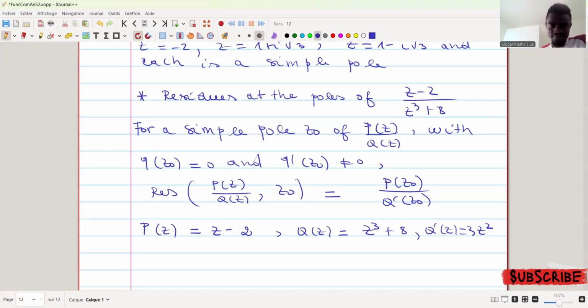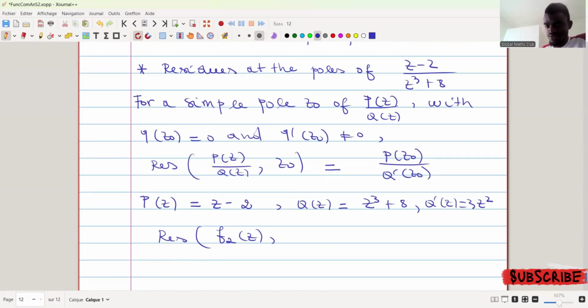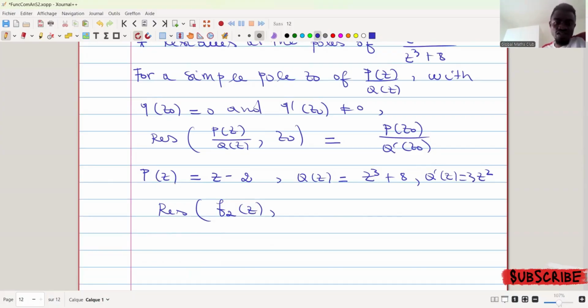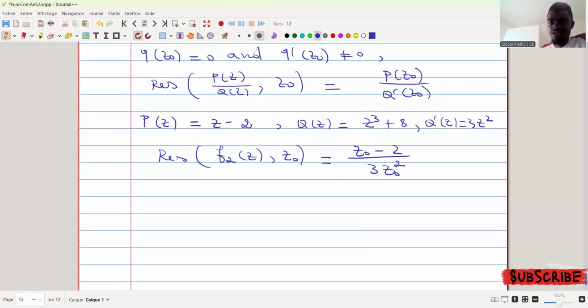So the residue of f2 is the residue of the function f, because the singularity z naught doesn't have any impact on f1. So it is equal to P of z naught, which is z naught minus 2, over the derivative. This is the formula that we are going to apply for the three singularities.